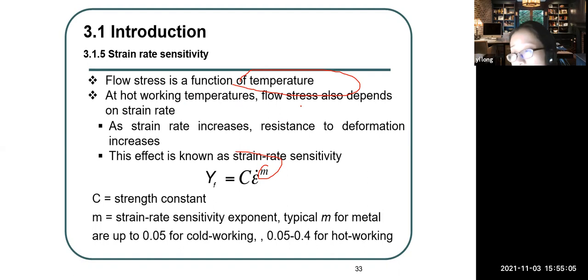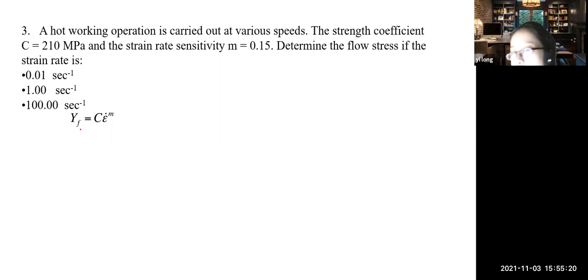At hot working temperature, the flow stress depends on the strain rate. As strain rate increases, deformation is more difficult. This is the strain rate sensitivity. So we use a new equation, which is here.